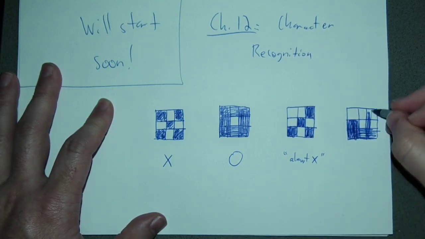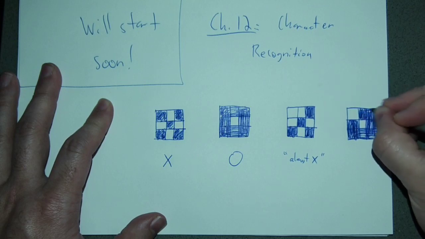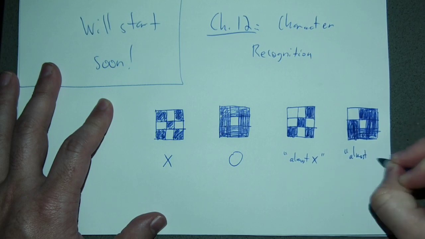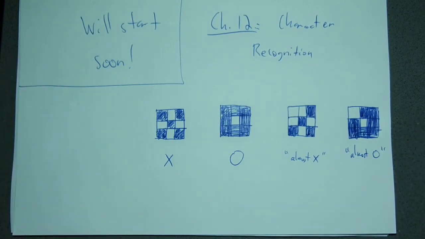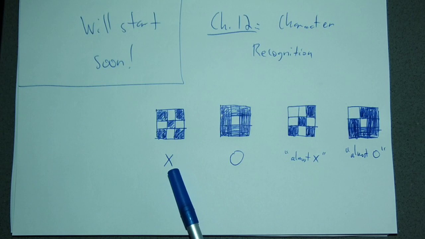So here is my almost O. Okay. So I have these four characters. Here's my baseline X, my proper O, and then I have these two that are not quite those, but in some sense they're close enough. So we are saying that they are acceptable.